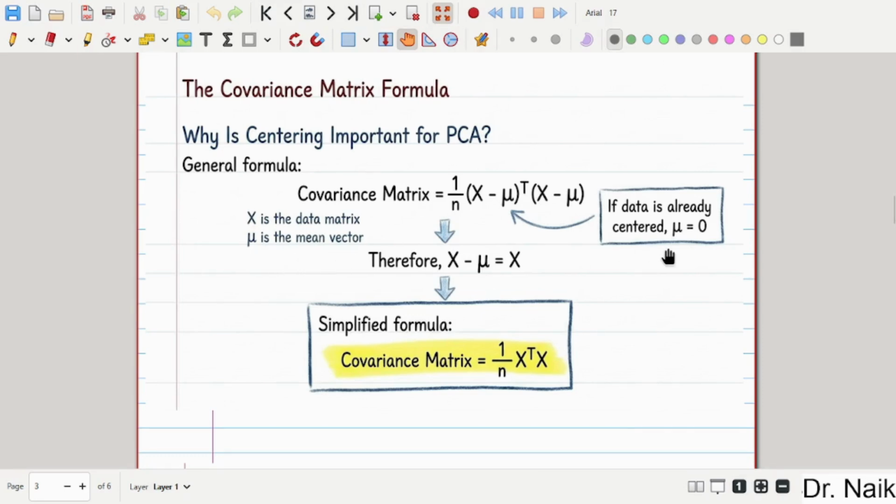Just now we calculated that mu is 0. Therefore, X minus mu is equal to X. So our formula for the covariance matrix is 1 upon n multiplied by X transpose multiplied by X.